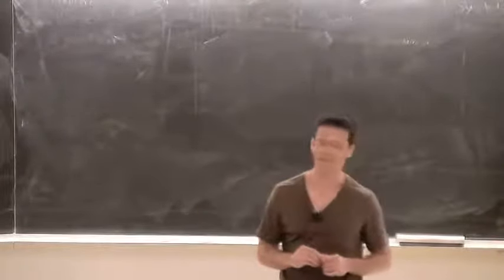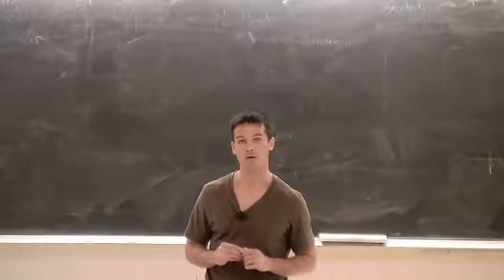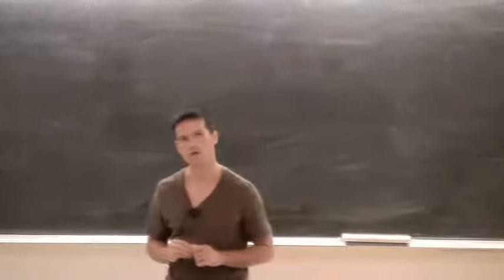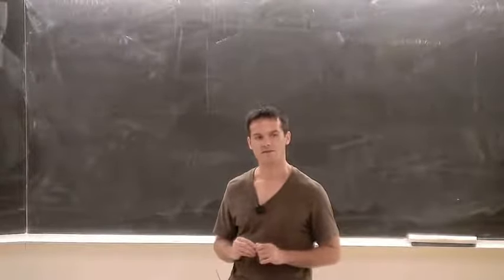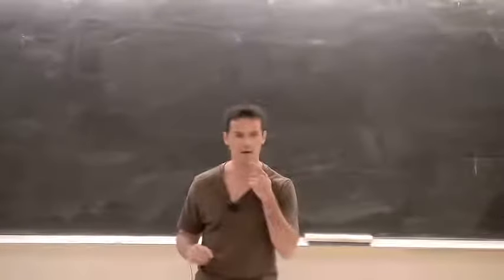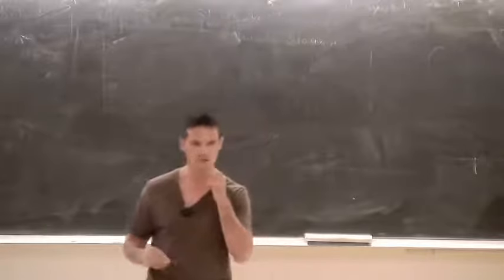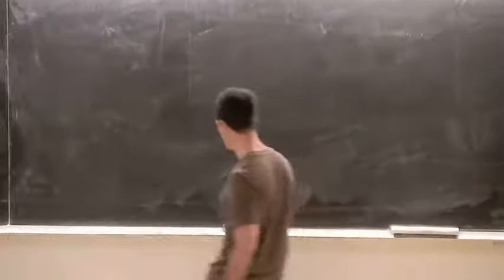Since I didn't have time to talk about those, I put them in the review outline for the midterm. I encourage you guys to go check those things out, and if I do have time, I will talk about it, maybe today or on Wednesday. But for now, let me just do what I have to do to be on schedule, which is 10.1.